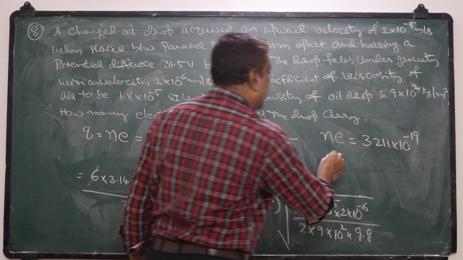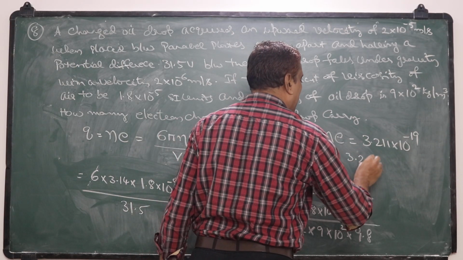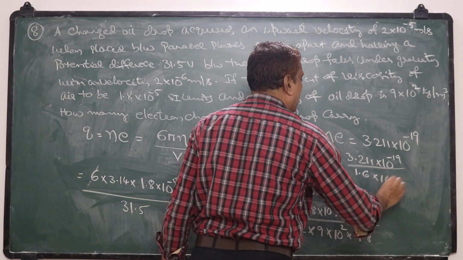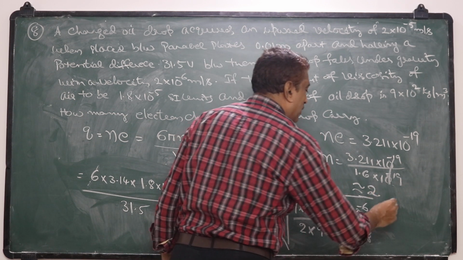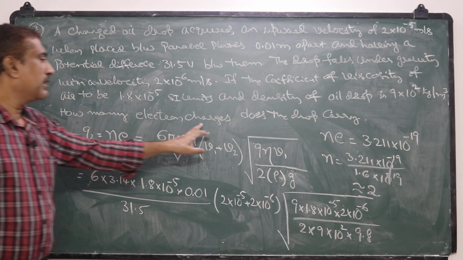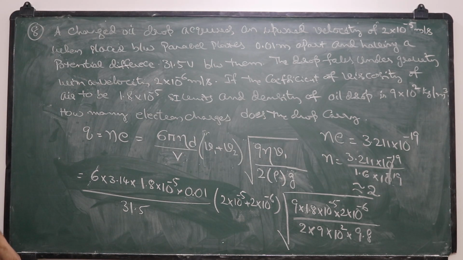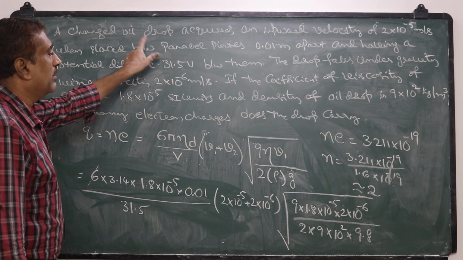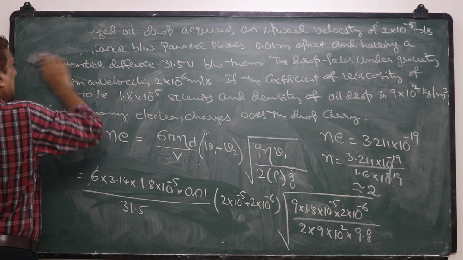So N is equal to this value divided by the electron charge, that is 3.211 into 10 to the power minus 19 by 1.6 into 10 to the power minus 19. This is approximately 2. So the drop carries 2 electron charges. So the number of electrons on this oil drop is 2.